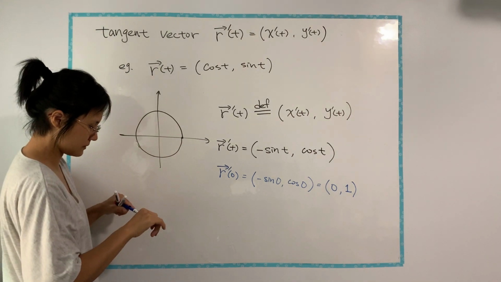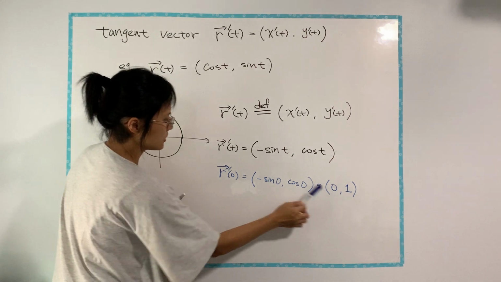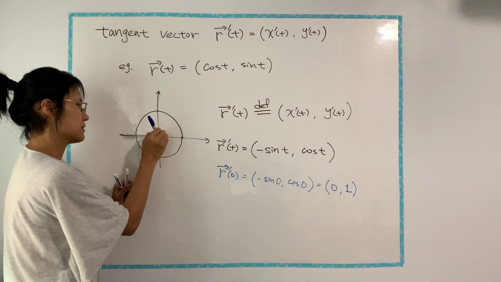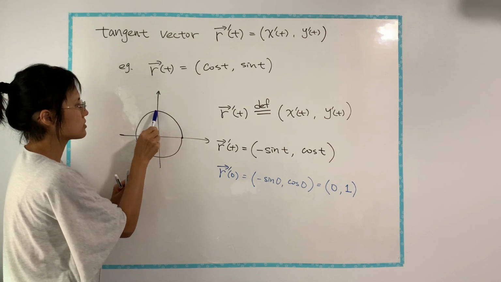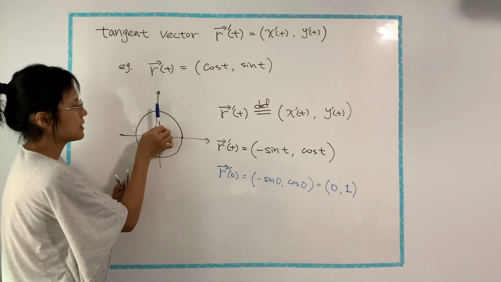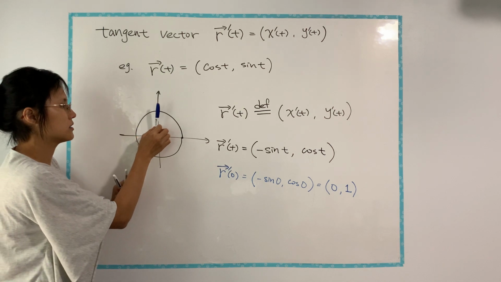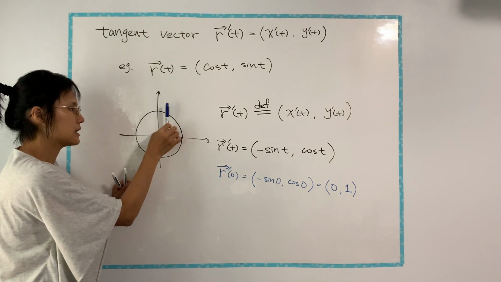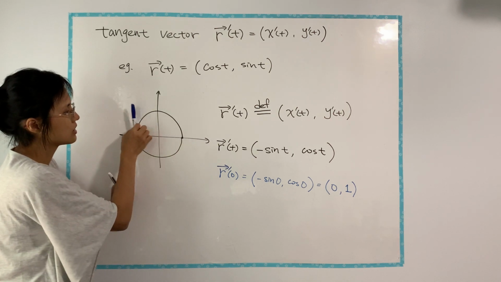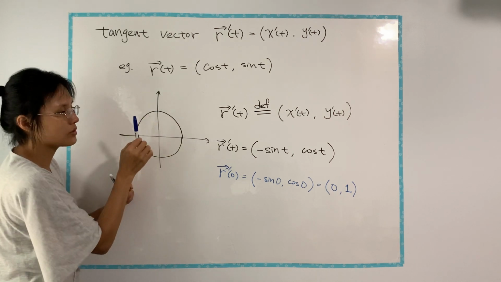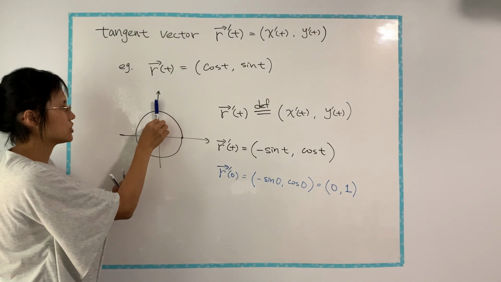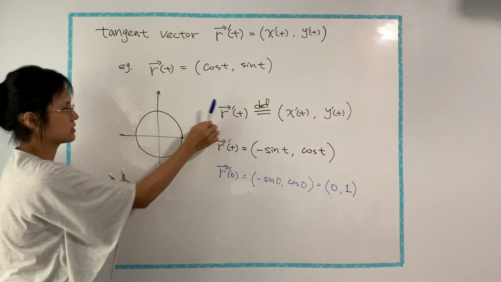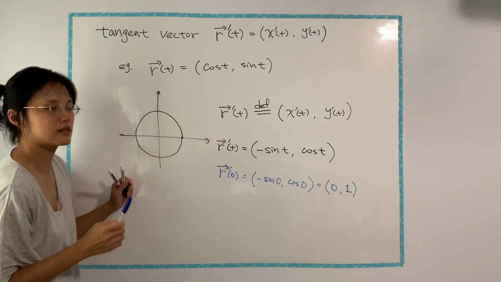According to our notation convention, 0, 1 is the vector from the origin to the point 0, 1 here. But because a vector is simply a directed line segment, it doesn't really tell you where the starting point is. So we cannot differentiate this vector or this vector or this vector, because they have the same length and the same direction.